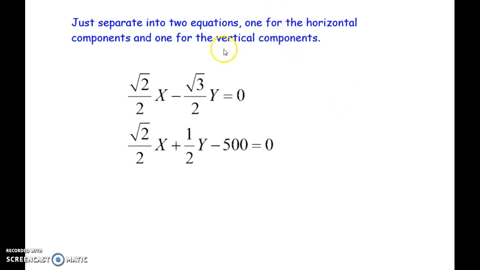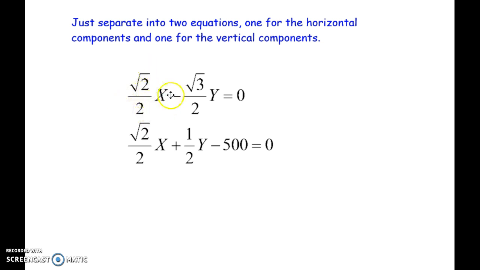When you go to add vectors together, you just take the i components and add them together, and you add the j components and add them together, or you think of it as horizontal and vertical. So I dropped the i's and the j's, I didn't need them anymore.